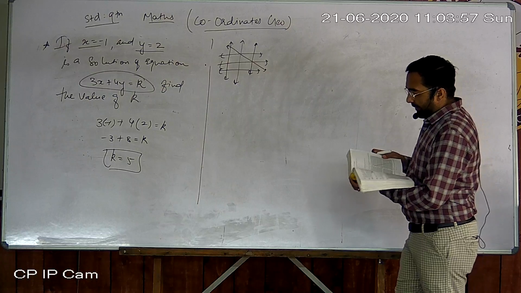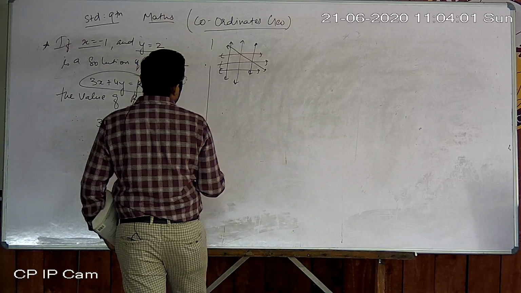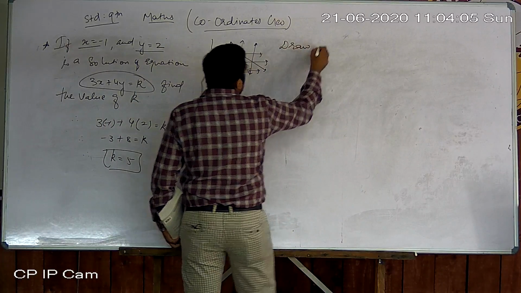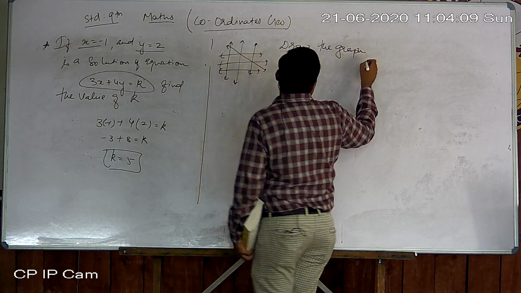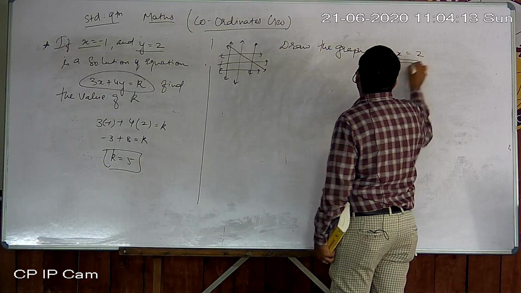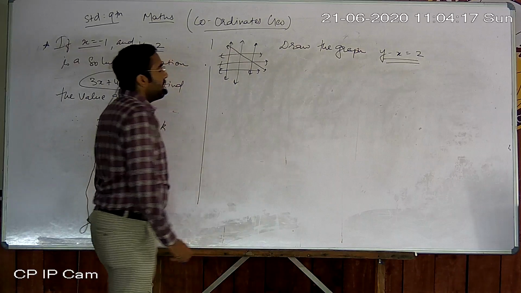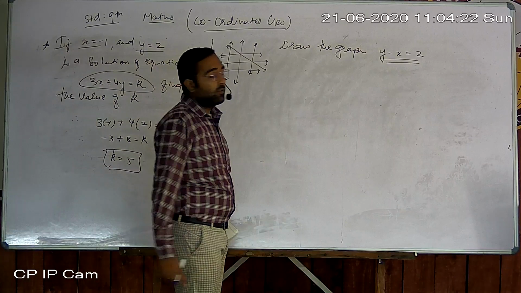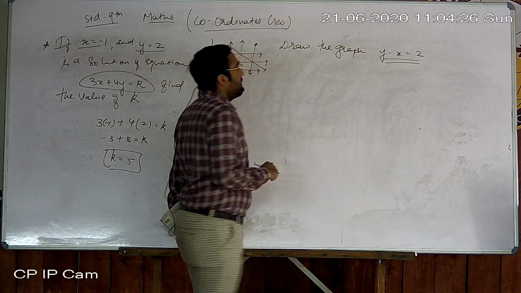Now my question is: draw the graph of the equation y minus x equal to 2. We have to take values of x or y to find the solutions of the equation.